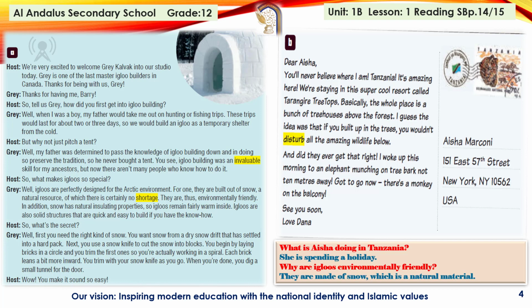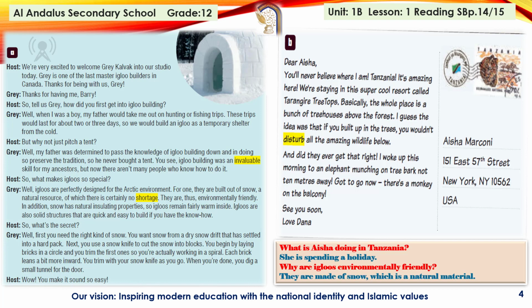If you need to check your answer, please refer to that part of the conversation after the word shortage, which says they are thus environmentally friendly. Other reasons for the answer are, in addition, snow has natural insulating properties, so igloos remain fairly warm inside. Thank you very much. This is a very good work.